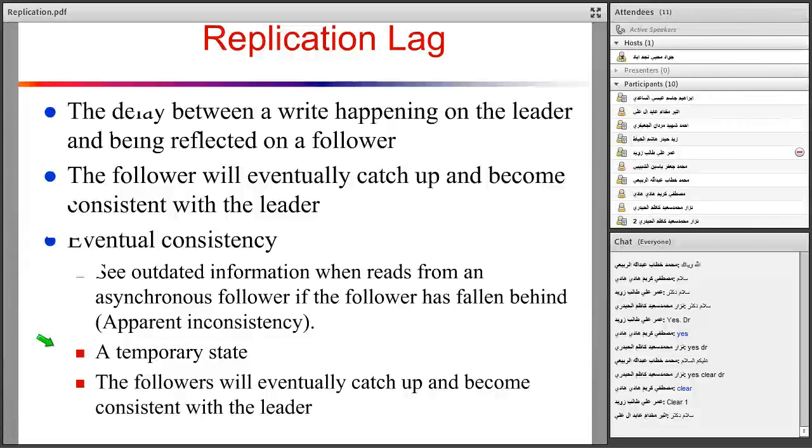It's important that the followers will eventually catch up and become consistent with the leader, but there is a delay, a distance between the leader and the asynchronous follower.